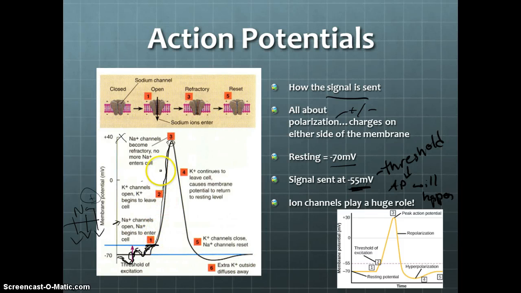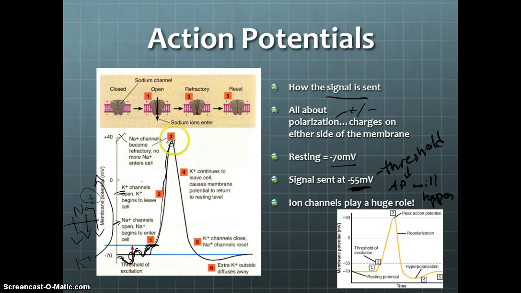Now, on the way up, another set of voltage-gated channels opened, and those were the potassium channels. Remember, there's a ton of potassium on the inside of the cell because the sodium-potassium pump has been pumping potassium in. So when those channels open up, the potassiums are going to leave the cell.